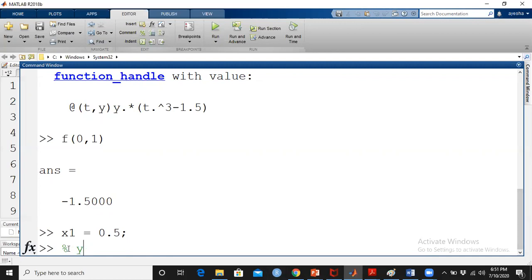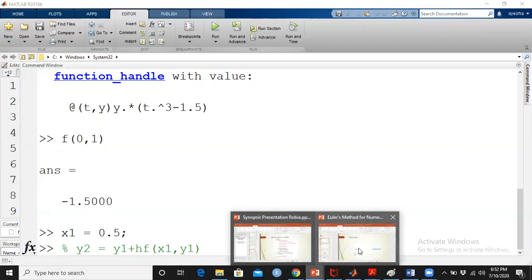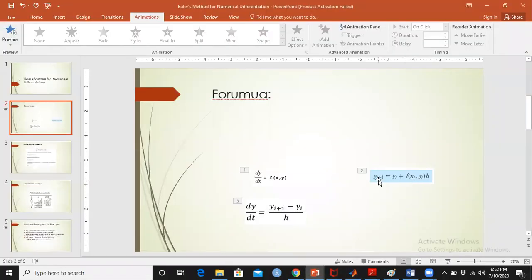So y2 is equal to y, because MATLAB index strictly starts from 1, not from 0. So instead of substituting 0, if I substitute 1 here, what will happen? y2 is equal to y1 plus f of x1, y1 times h.